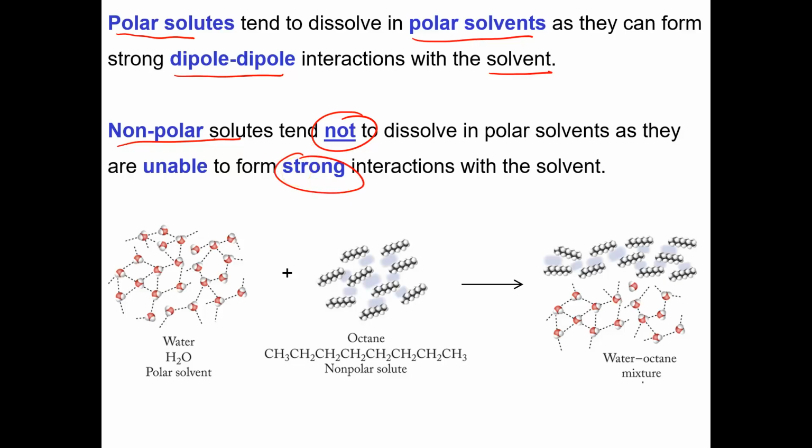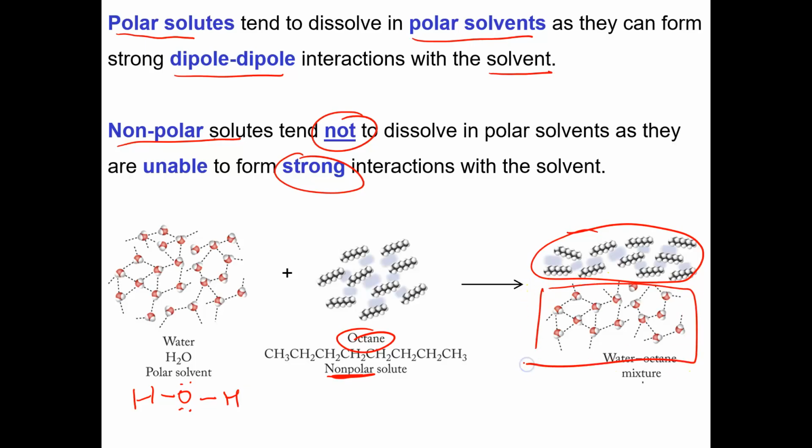So a good example of this is if we take water, which is polar, and combine it with something like octane, which contains only carbon to hydrogen and carbon to carbon bonds, which is non-polar, what you'll find is that the octane won't dissolve in the water. It'll just float as a layer on top, and then the water will sit underneath that, and the two just won't mix.